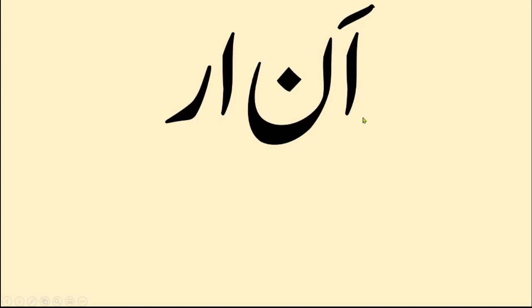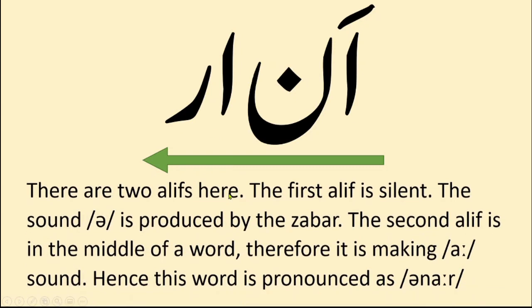Now, look at this word. You know that Urdu starts from right and goes to left. So, alif, zabar, noon, alif, and re. We've not seen re before, so don't worry about it. Now, here the two alifs.